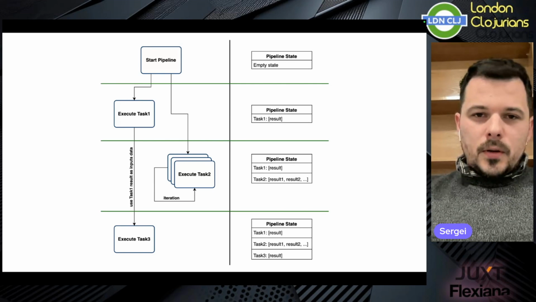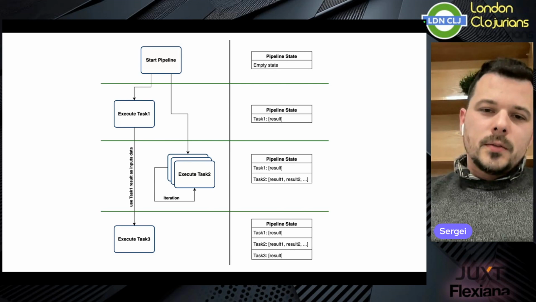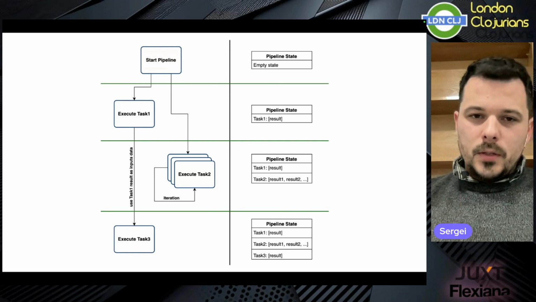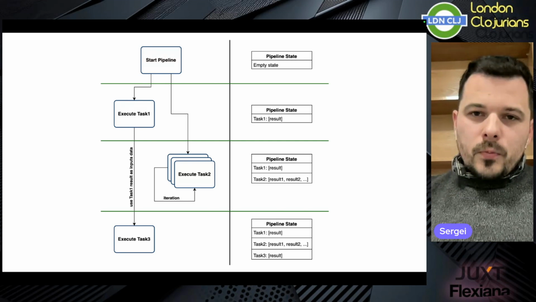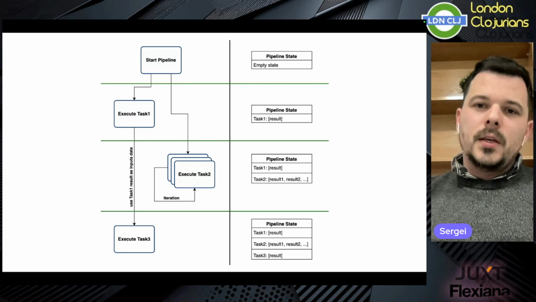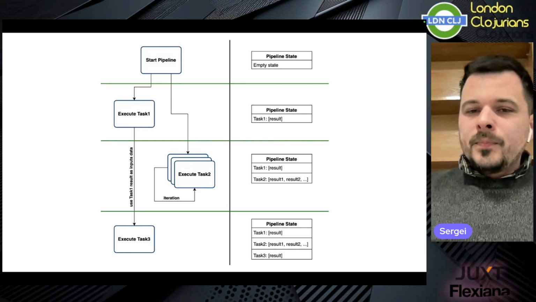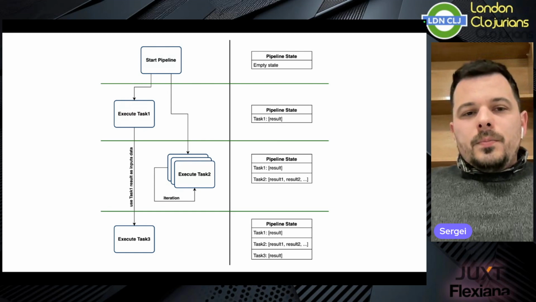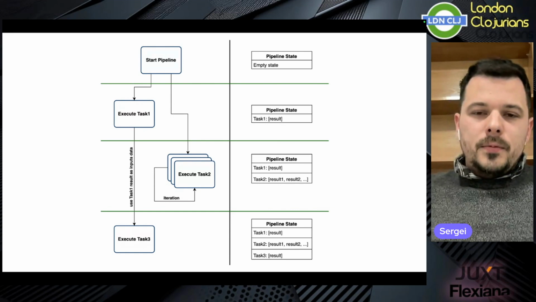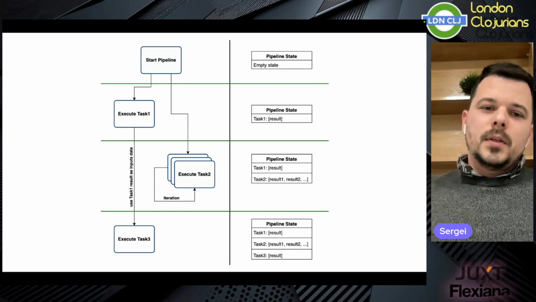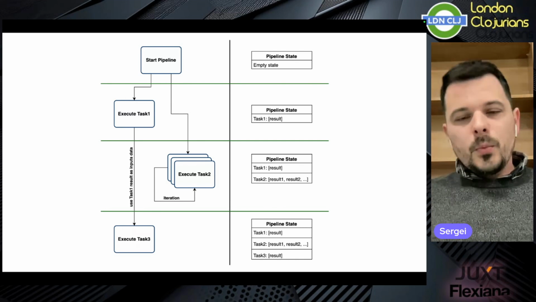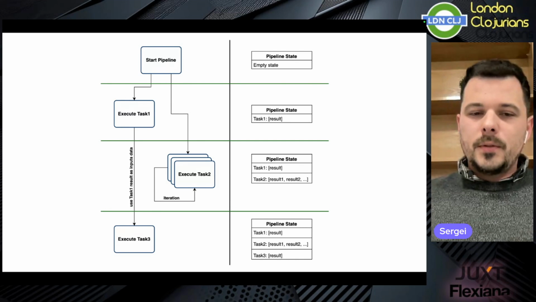For example, here you can see this chart, where the timeline goes from top to bottom, and at the very beginning we have the empty state. This is the pipeline state. When we execute one task, in the pipeline state we will have the key that represents the specific task, the task name, and the result of what was returned from it.